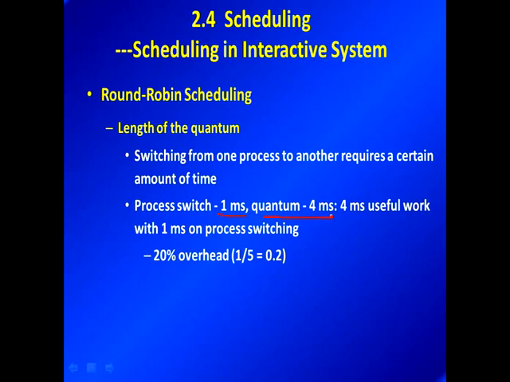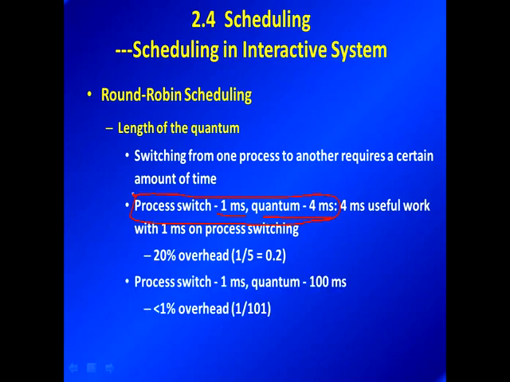So the overhead for this quantum setting is 20%. If we suppose we need to take 1 millisecond to finish the process switch, then the overhead is 20%.